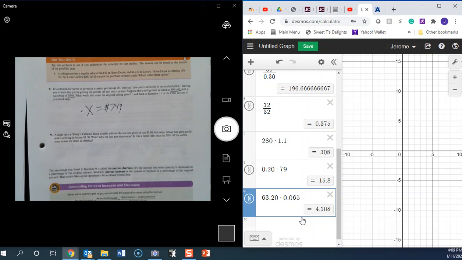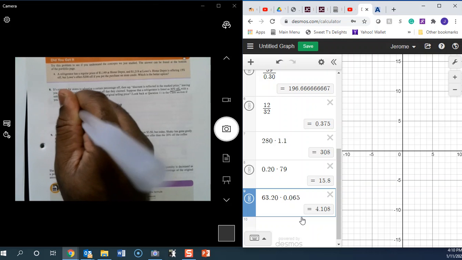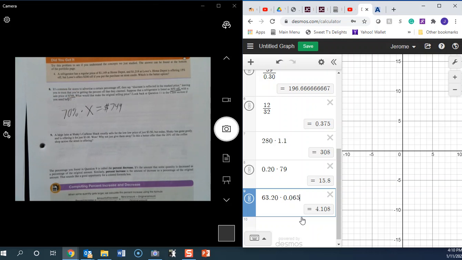Now, if you paid full price for an item, no discount, that means you paid 100% for that item. Since it's 30% off, we take 30 from 100. So really you're dealing with 70% of what the original cost was. So 70% of the original cost is supposed to give you $749.